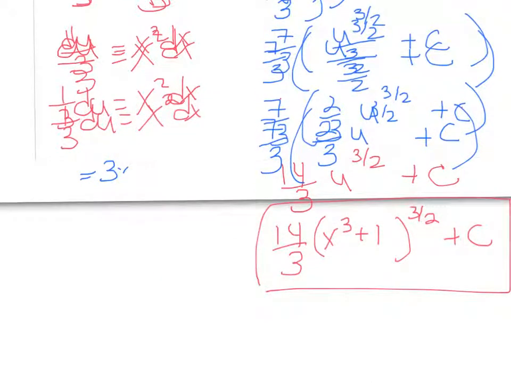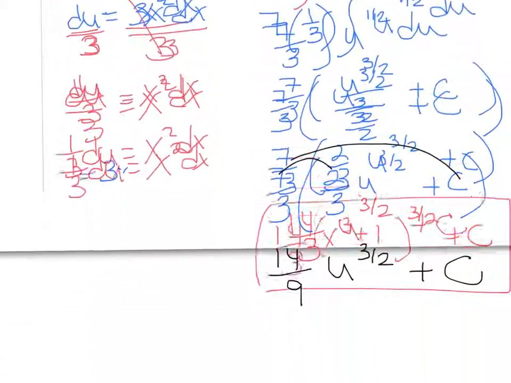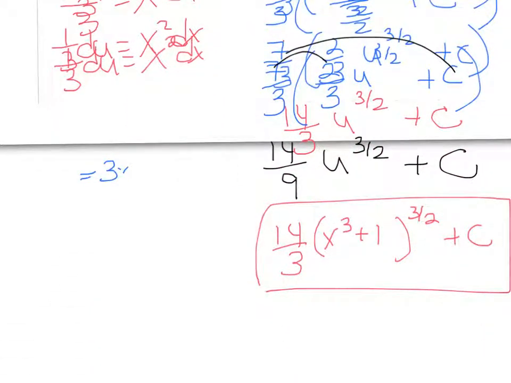We can distribute the 7/3 into this, but we don't actually have to write 7/3 times the constant, because 7/3 times a constant is just another constant, and that plus c represents any constant. So now the last step is we're going to substitute back in for u. And this is our final answer.